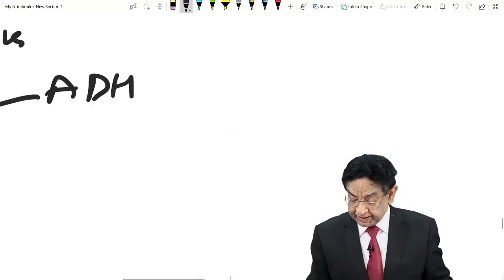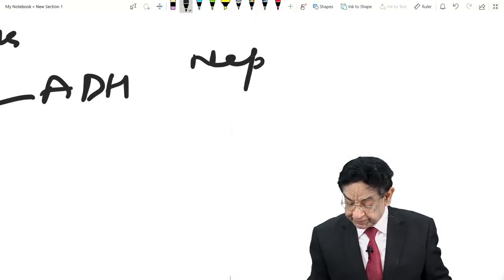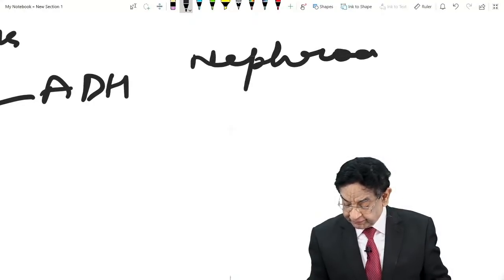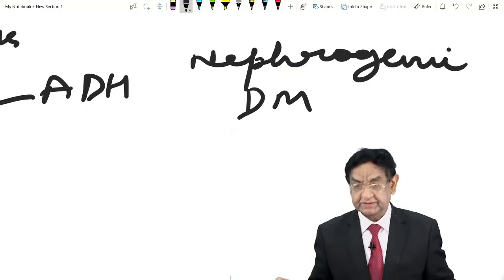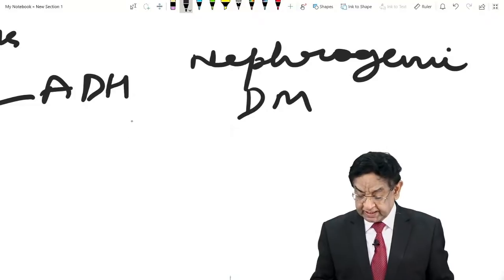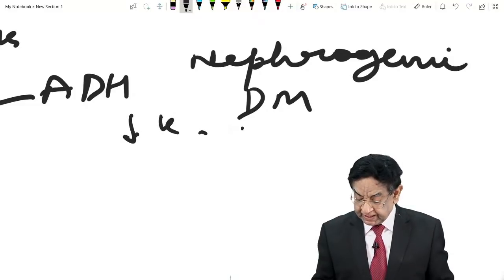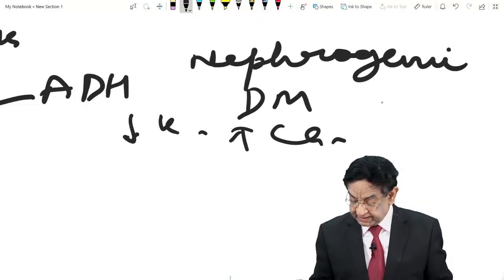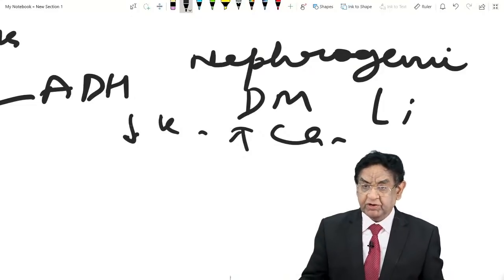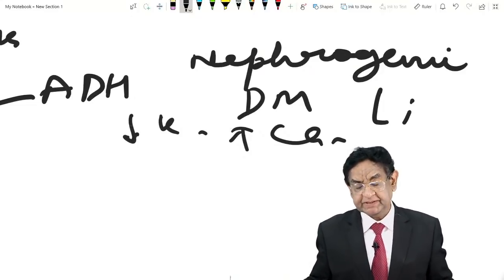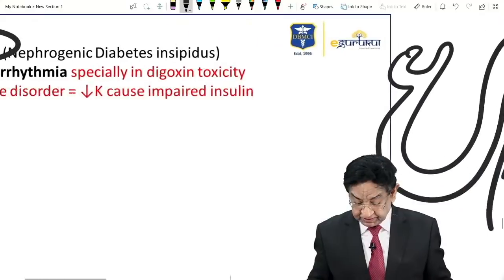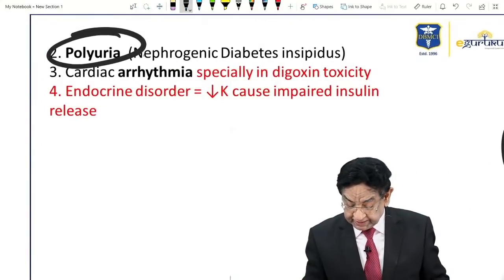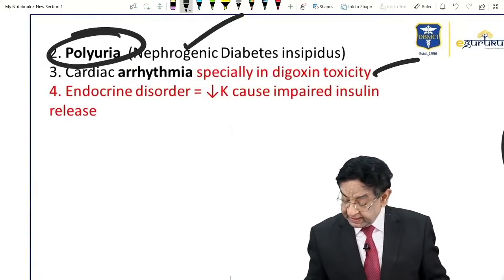And this is so-called nephrogenic diabetes insipidus. Common causes are hypokalemia, hypercalcemia, lithium therapy. They all lead to nephrogenic diabetes insipidus. So now you get polyuria.